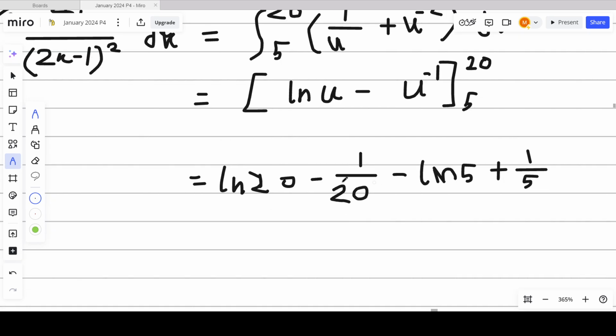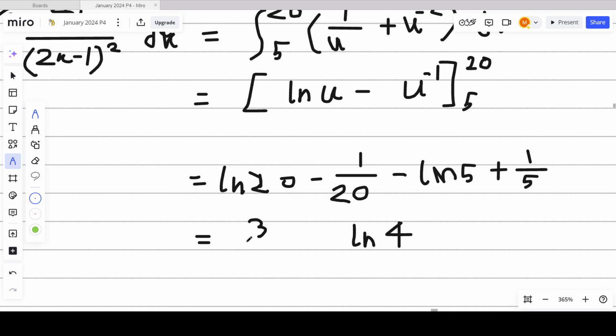So ln 20 minus ln 5, that would be what? Ln 20 over 5, that is ln 4, right? Ln 4. And 1 over 5 minus 1 over 20, that is 3 over 20.